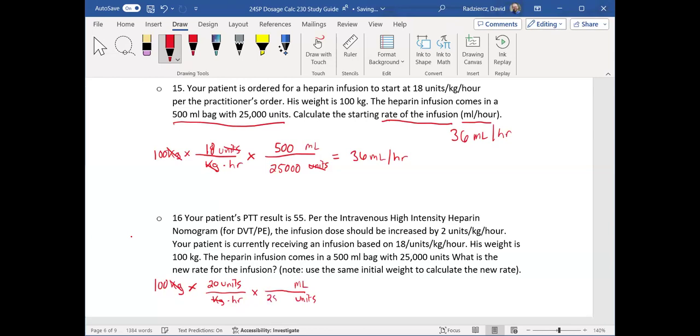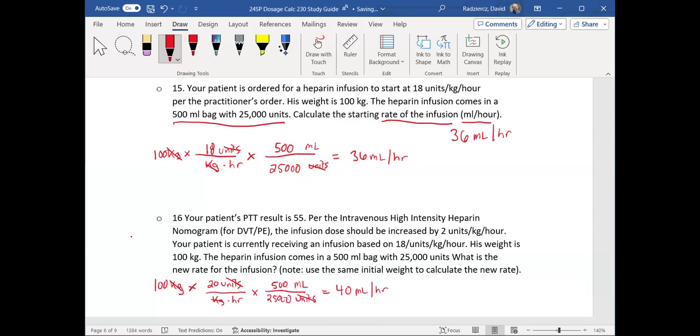So that's where we plug in what we have available, which is the heparin IV 500 mil bag with 25,000 units. They're together, right? And then when you do the math on that, and I always like to double check that I'm crossing out stuff, I get 40 mil per hour.